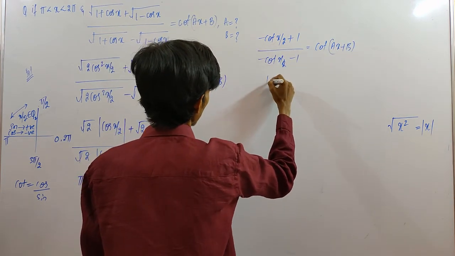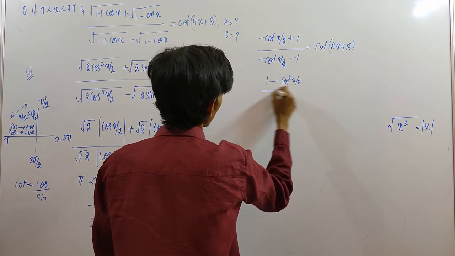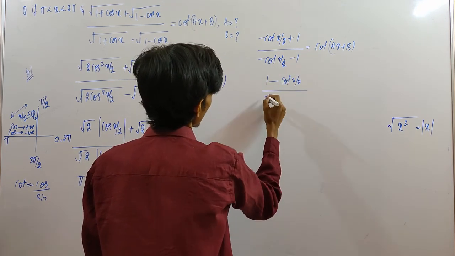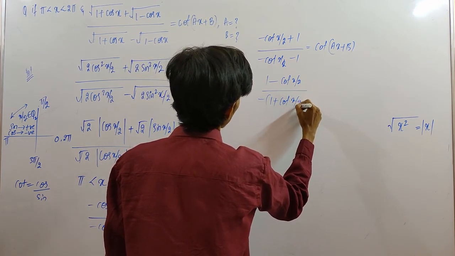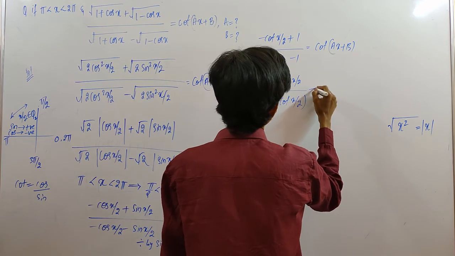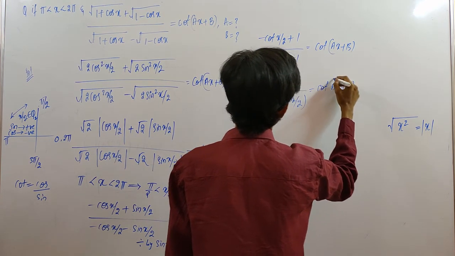Rearrange this: 1 minus cot x by 2 divided by, taking minus common, 1 plus cot x by 2, is equal to cot(ax plus b).